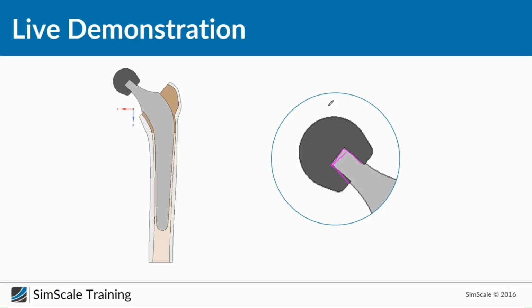And so you have to define a contact, and a contact is based on master surfaces and slave surfaces. And you can imagine it like the slave faces are following the master faces when the body is moving.